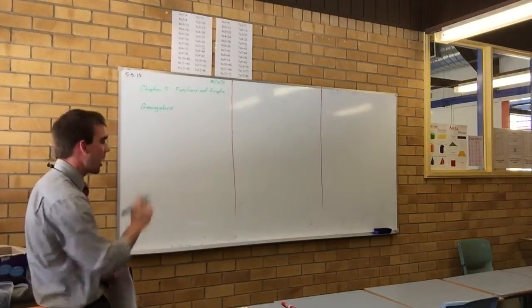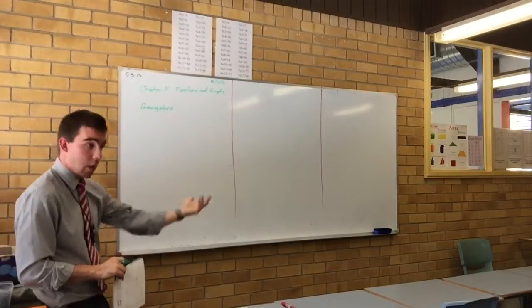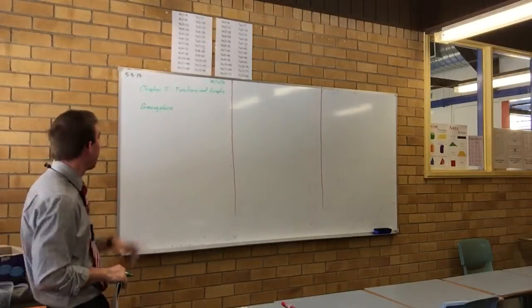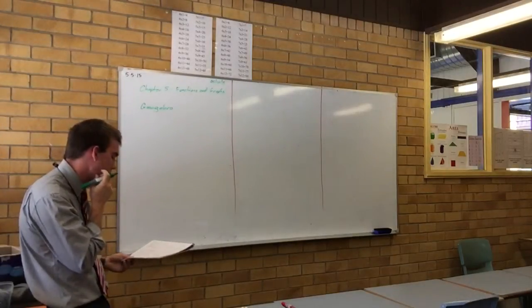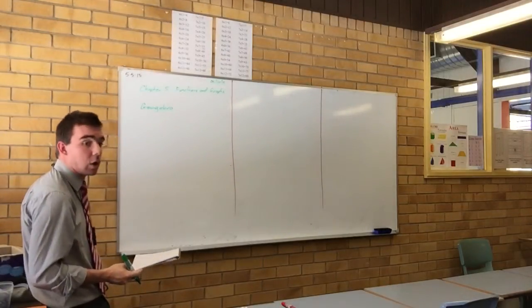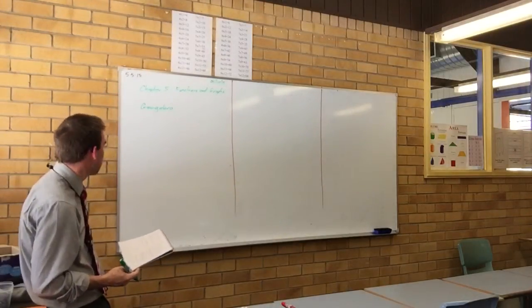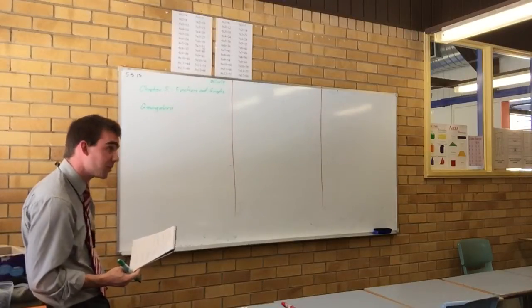Because I don't have my laptop connected, I'm not going to use up any more time now. So GeoGebra: download the app, download the program, whatever you want to call it, and we'll be referencing that a lot. It's pretty much a combination of geometry and algebra.